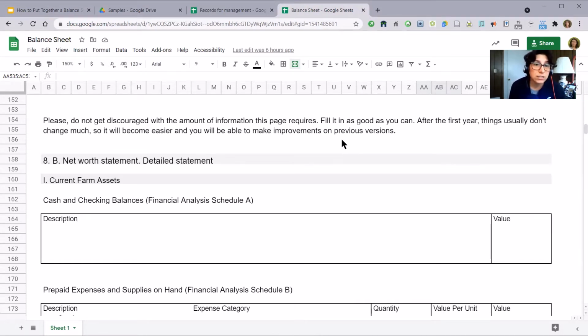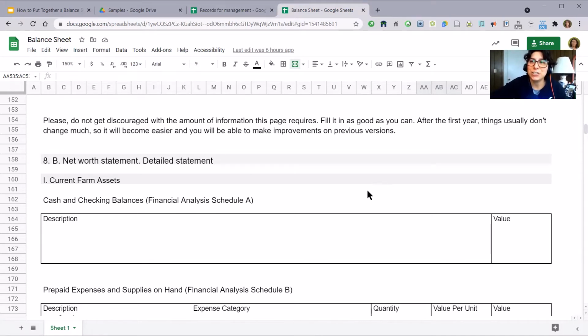Creating a balance sheet is a lot of work, so don't get discouraged with the amount of information. Just fill it as good as you can. Once you've done it once, it gets easier year after year, which also can be a bad thing because once you are used to a certain way of doing things, it can be hard to change, and sometimes change is good. Anyway, I'm here to help you throughout this whole journey.